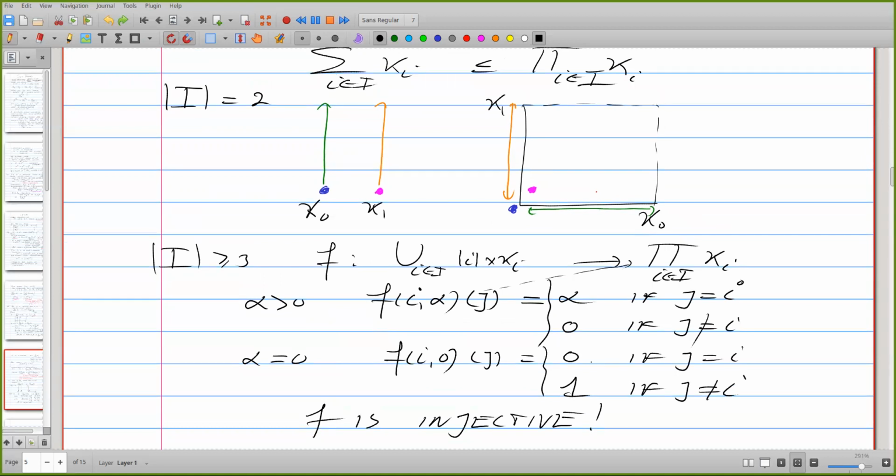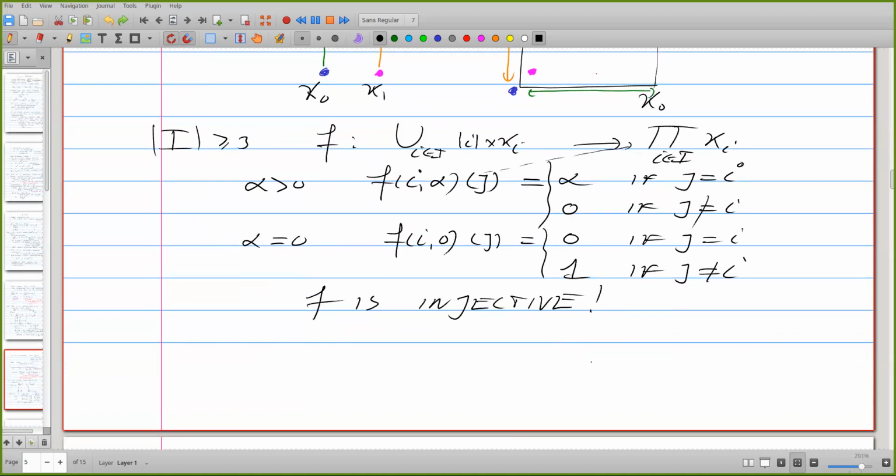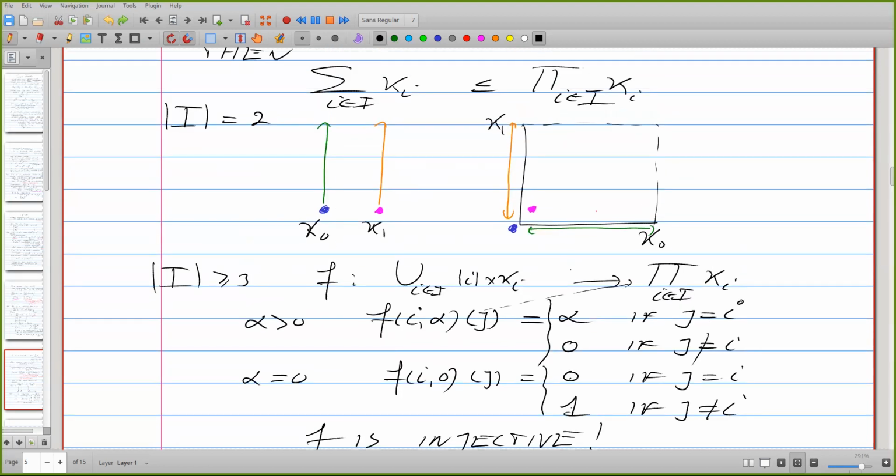You can do that just by considering cases. And you can draw a nice picture if I has 3 elements. And so you can see in the proof why we needed 2 elements. We needed the 0 and the 1 to be able to put all the points in the product. You saw that if we had 2 factors, then we had equality.